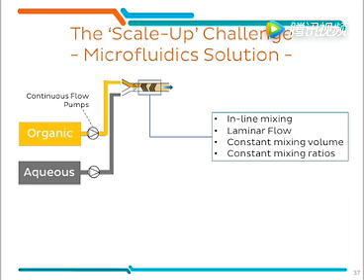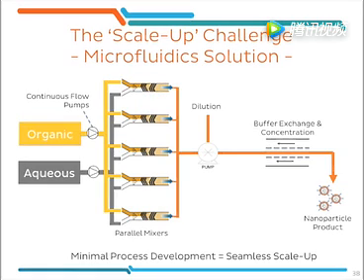But I can also feed larger volumes into this device by using continuous flow pumps, in this case, 2. I can even put several microfluidic mixing channels in parallel, and thereby I can increase the total throughput of the device.